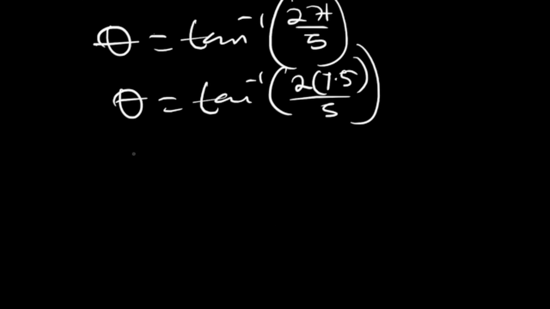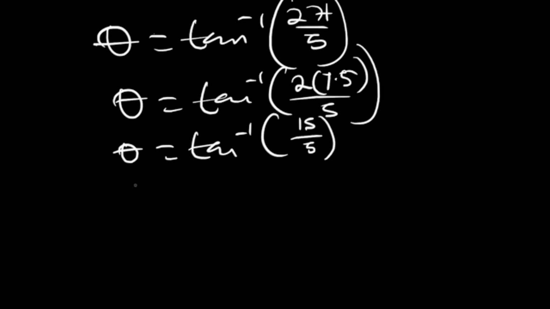We now have that our theta is equal to tan inverse of 2 times 7.5, which gives us 15 over 5. If we simplify further, theta is equal to tan inverse of 15 divided by 5, which gives you a 3, right? Now, if you punch tan inverse of 3 on your calculator, let me do that using my calculator.